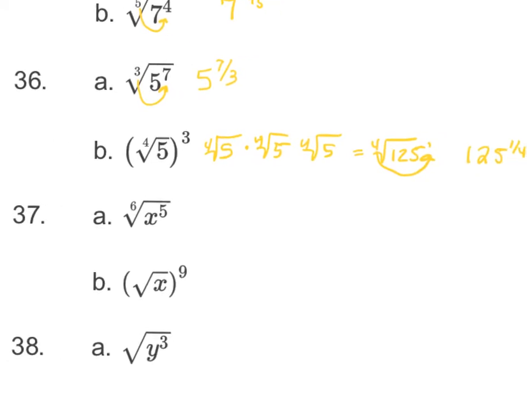In 37a, the index of 6 becomes the denominator of my fraction. So I have x to the 5/6. Here I have the square root of x multiplied by itself 9 times, which becomes 1, 2, 3, 4, 5, 6, 7, 8, and 9.